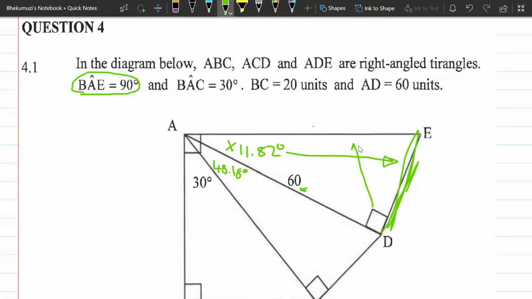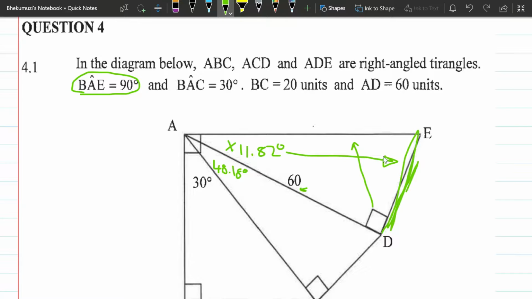So which ratio could we use that does not involve the hypotenuse? Between the three trigonometric ratios, it is tan, where it would be the opposite side to the angle over the adjacent, or next to the angle.